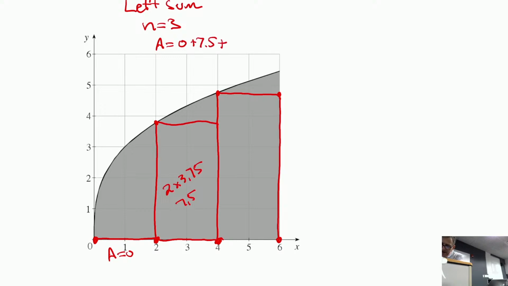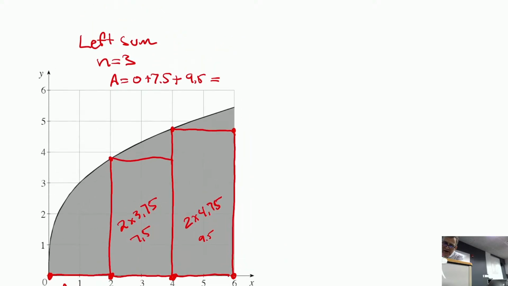Now we just need the last one, which is also 2 across. Zach, how tall did you think that was? About 4.75. I might as well keep it simple since we don't know what the actual function is. I'm sure I could dig it out of my files, but it's irrelevant. So that's 2 times 4.75, which is 9.5. And so my left sum when n equals 3 is 17 square units.